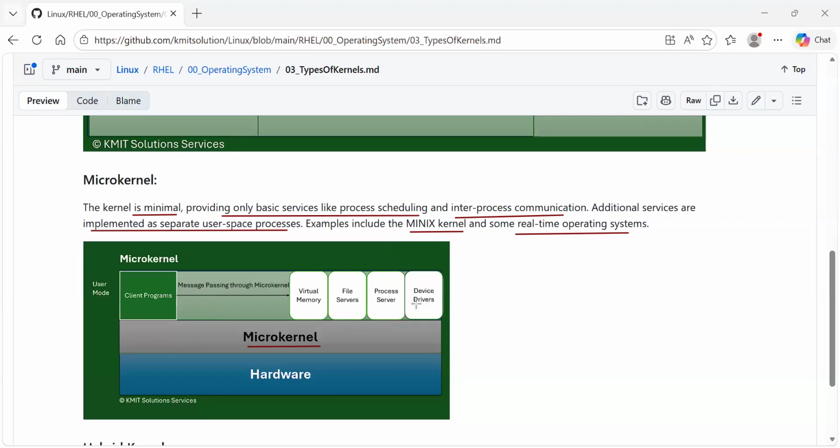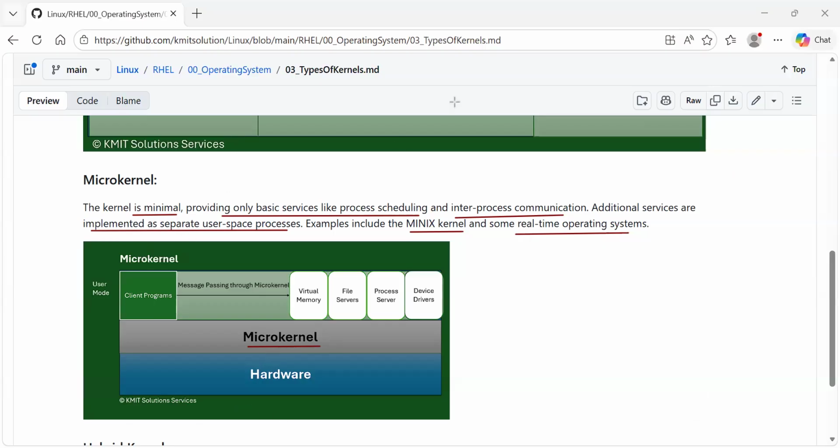Those are not directly hitting the kernel. So once the request goes to the virtual memory, this kernel provides the services which are related to the virtual memory. Most of the things happen in the user mode, not in the kernel mode. So this is the microkernel.